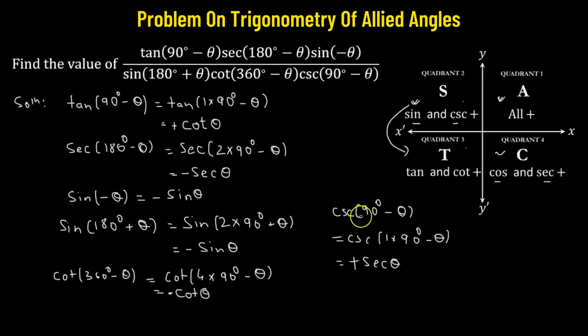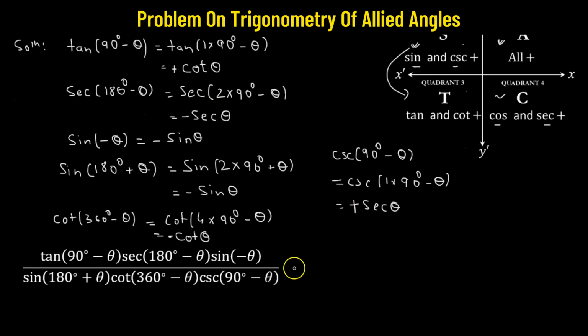So now that we have all the values, let's substitute them into our given expression. We have tangent of 90 degree minus theta, which you can replace with cotangent of theta, multiplied to secant of 180 degree minus theta, we got it as negative secant theta, multiplied to sine negative theta, so that's negative sine theta.